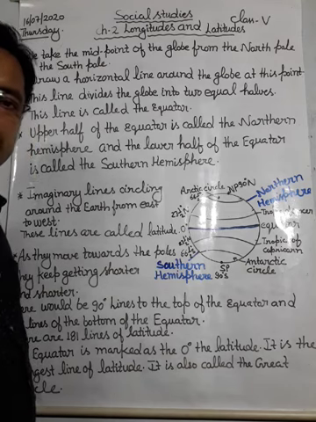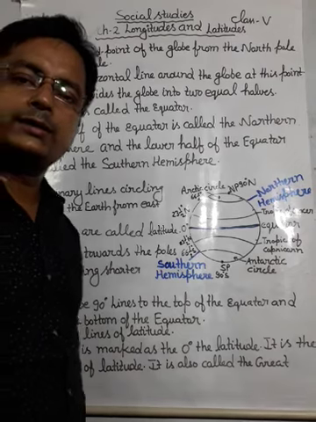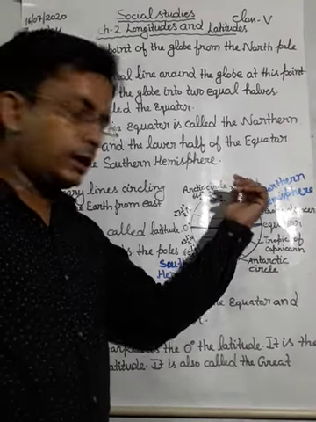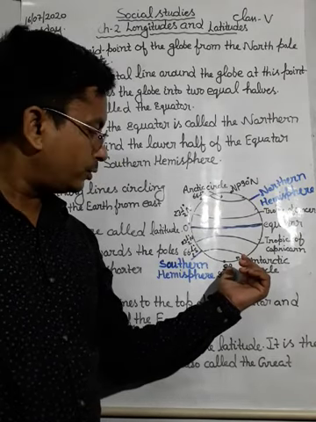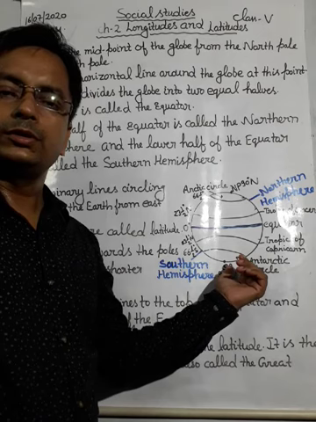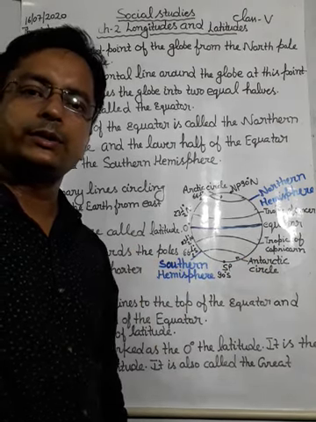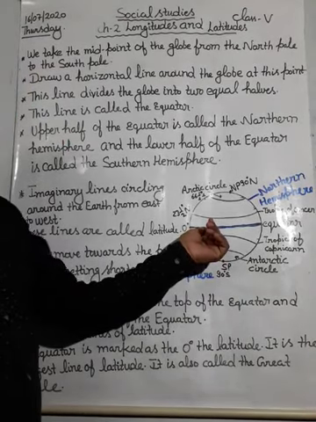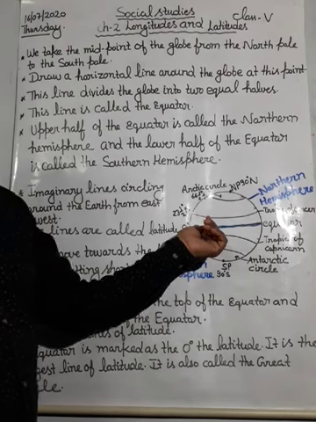Each latitude contains 1 degree, and there are 90 degrees north and 90 degrees south. When we add these two, it will be 180 degrees, and one last line is the equator, so 181.